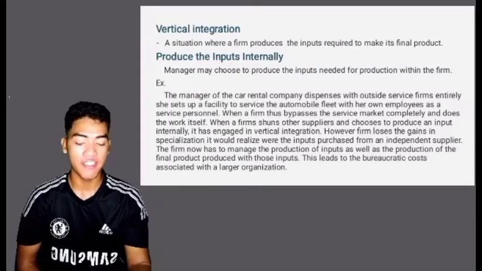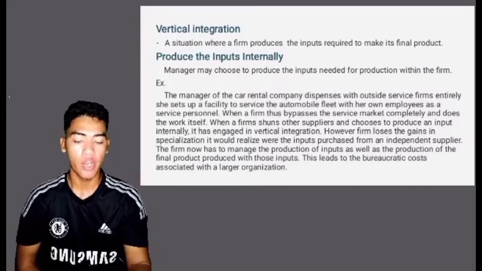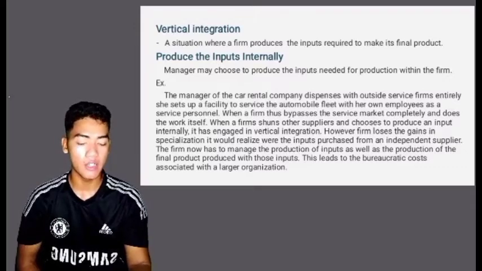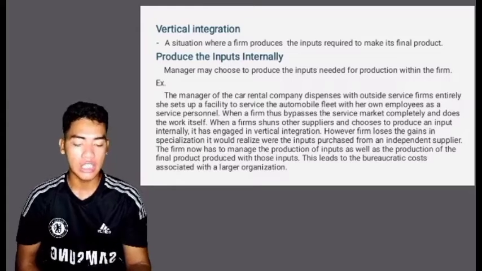She sets up a facility to service the automobile fleet with her own employees as service personnel. When a firm bypasses the service market completely and does the work itself, when a firm shuns other suppliers and chooses to produce an input internally, it has engaged in vertical integration.